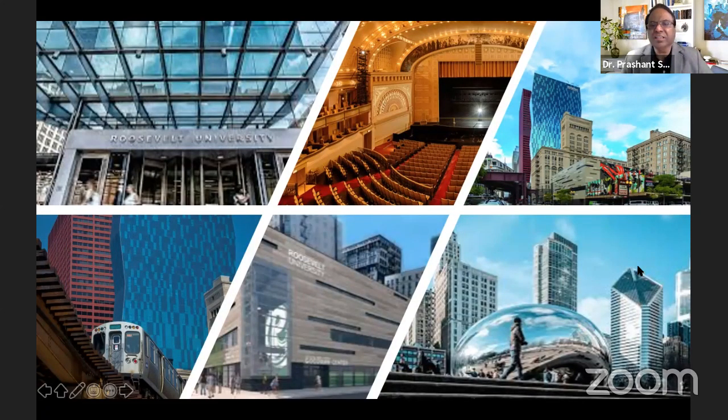The building you see here, the blue high-rise building, is our vertical campus. It has 32 floors. It is the second tallest higher education building in the United States, and sixth in the world. Our campus is situated in downtown Chicago, just across a beautiful lake called Lake Michigan.